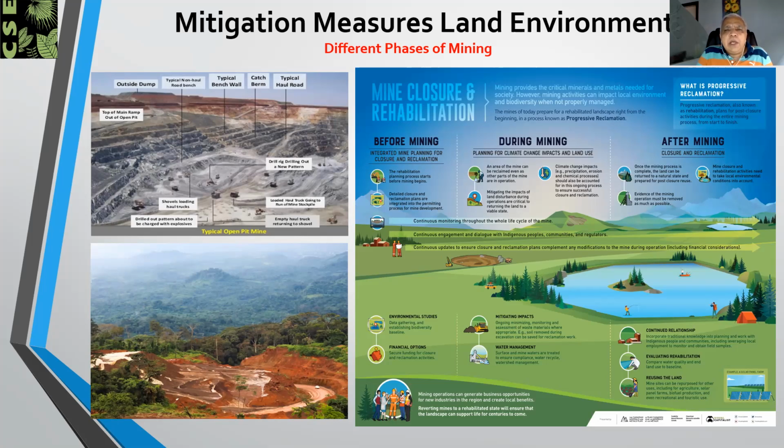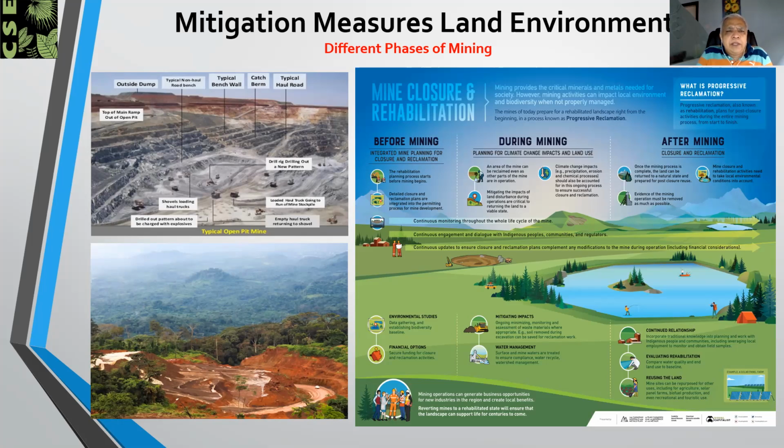Now, for example, in case of land environment, when we discuss the impacts on the land environment, we saw that mining is an activity which creates a very big scar on the environment, and it's a very huge activity also.